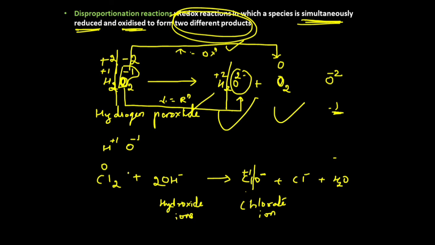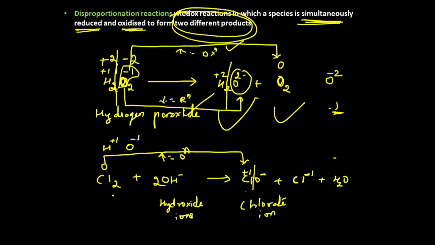So in this case, the chlorine molecule, Cl2, has 0 oxidation state. Okay. So here the chlorine molecule is changing its oxidation state from 0 to plus 1. That is an increase in the oxidation state, which is nothing but oxidation.